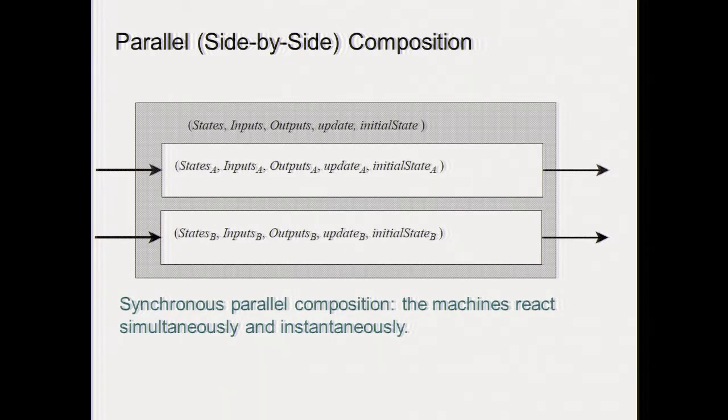So the system goes from the pair of initial conditions for me and my friend to a pair of states that is my next state and my friend's next state.